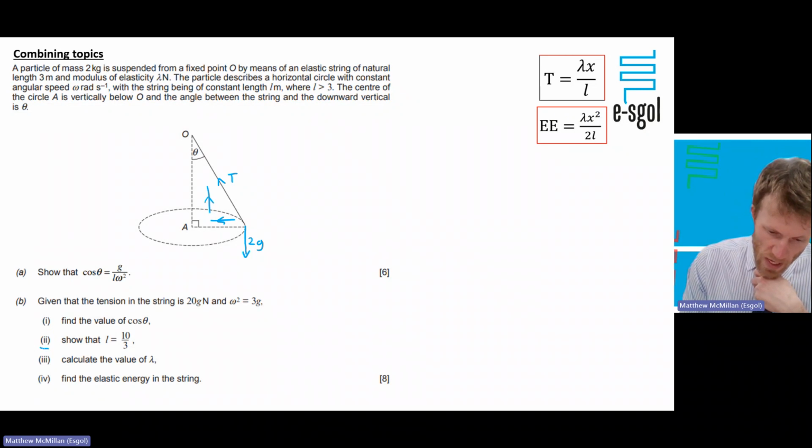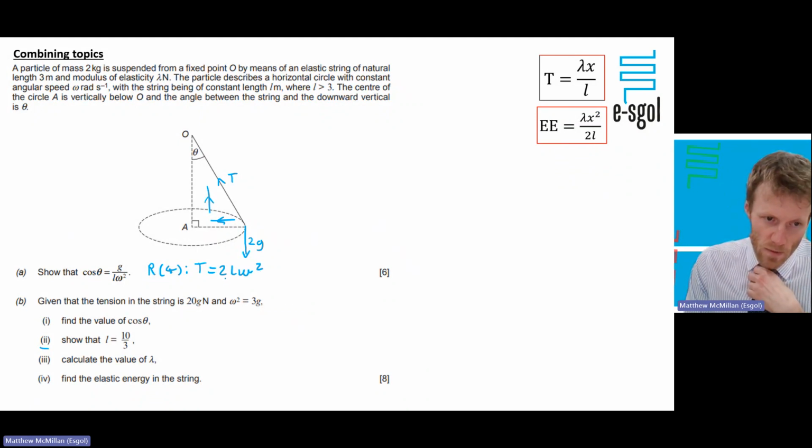So in part 2, I think in part 1, part A, once we've resolved our forces going into the centre, we end up with T equals 2L omega squared. And then I think we use that to find L. So we get a natural length of 10/3.